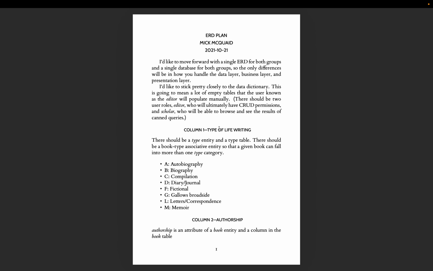So then in the course of making the ERD, I developed a plan for making the ERD, and that plan involved what we were going to do with each column.